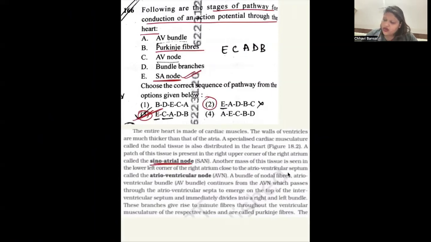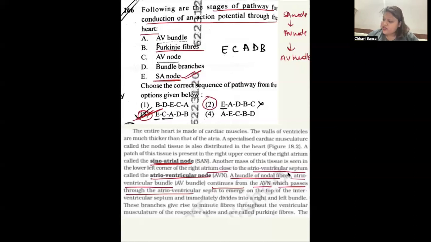SA node. Another mass of this tissue is seen on the left corner of the right atrium close to the atrioventricular septum, called the atrioventricular node. A bundle of nodal fibers, the atrioventricular bundle, continues from the AV node, passes through the atrioventricular septa to emerge on the top of the interventricular septum and immediately divides into right and left bundles.